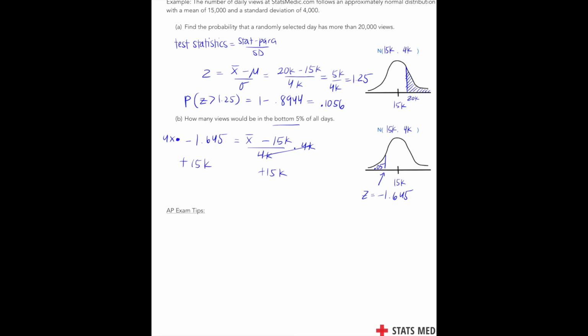This is a multiplication symbol. So once I do that, you start moving everything around. You'll eventually get your x bar is equal to 8,420 days.